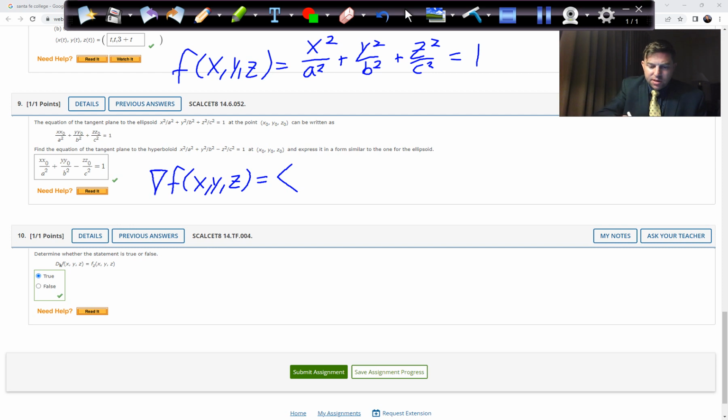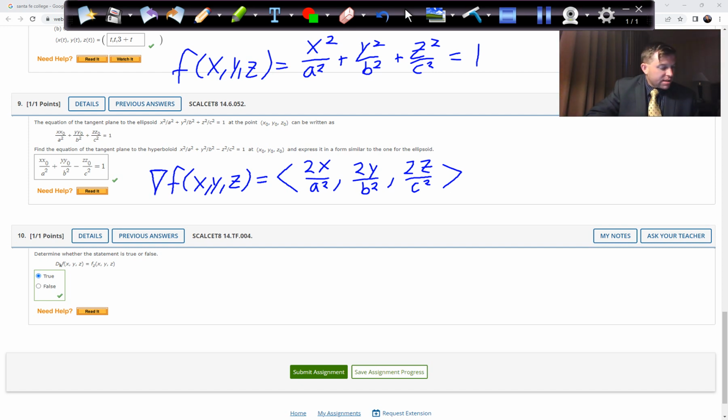So all I'm left with is x squared. The derivative of that is 2x on top of a squared. Then similarly for y, everything's going to go away except for y squared over b squared. Derivative of y squared is 2y over the constant b squared. And then derivative of z squared is 2z over the constant c squared. So that is the gradient of that function.